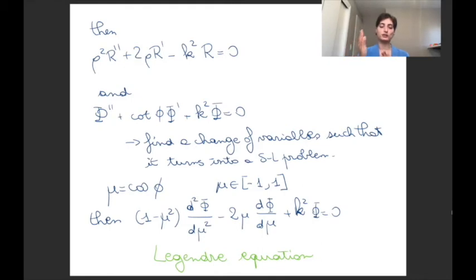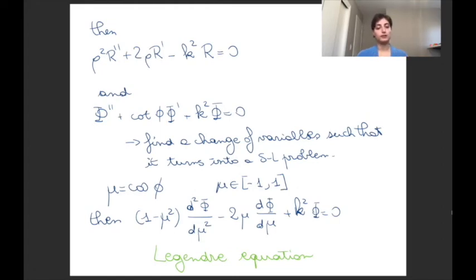And we're changing the derivative with respect to psi into derivative with respect to mu, and that gives different coefficients in front. So if we do this transformation of variables, we get 1 minus mu squared times psi second derivative with respect to mu minus 2 mu psi derivative with respect to mu plus k squared psi equal to 0. Where now psi is a function of mu, not of psi anymore.